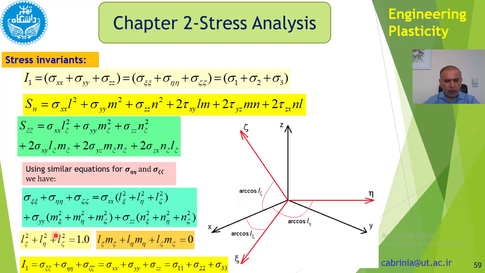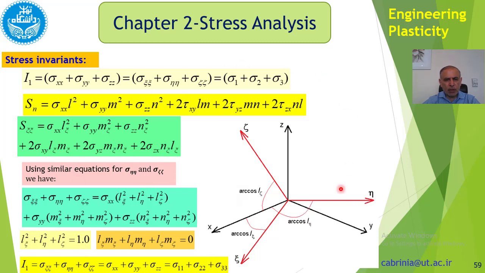And using these two equations, you can see that these are all equal to 1, and so we get sigma xi xi plus sigma eta eta plus sigma zeta zeta equal to sigma xx plus sigma yy plus sigma zz because these parentheses are equal to 1. Similarly for 1, 2 and 3, supposing 1, 2 and 3 are axes like that, we could use the same transformation and we get the same result.